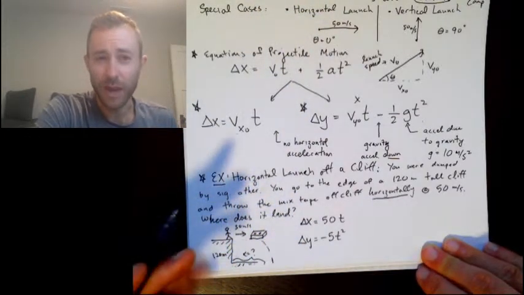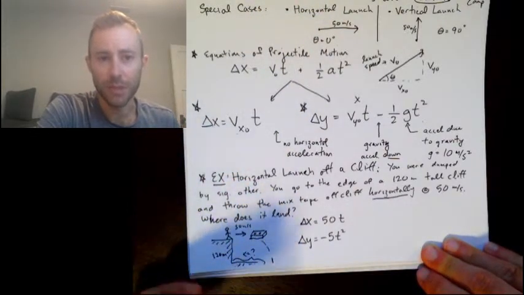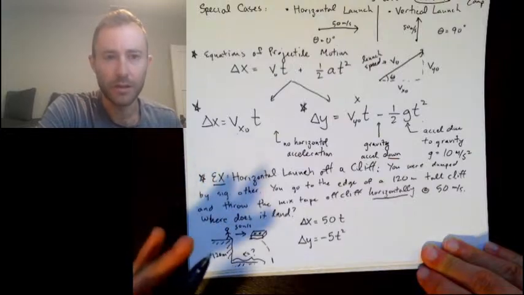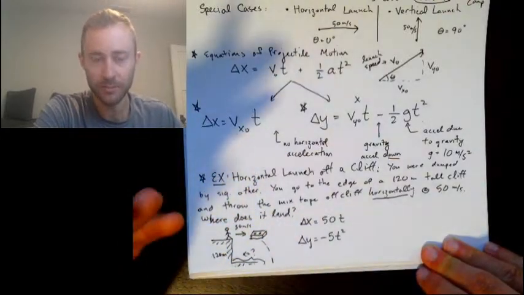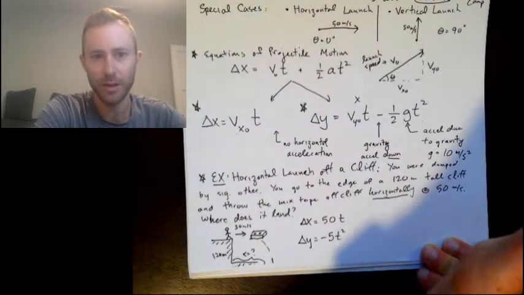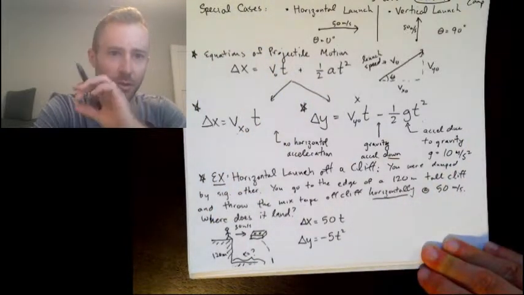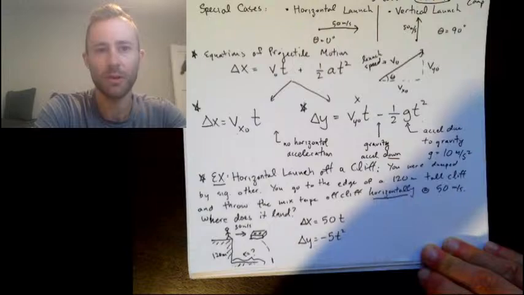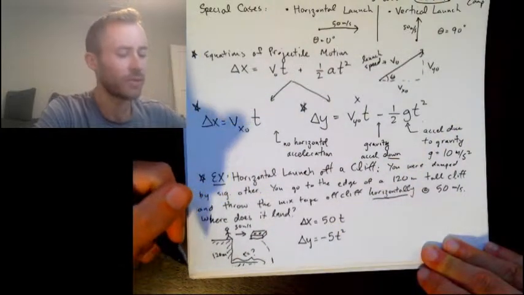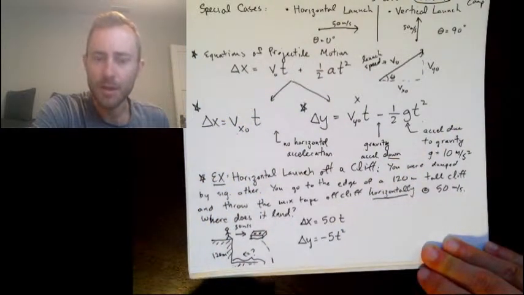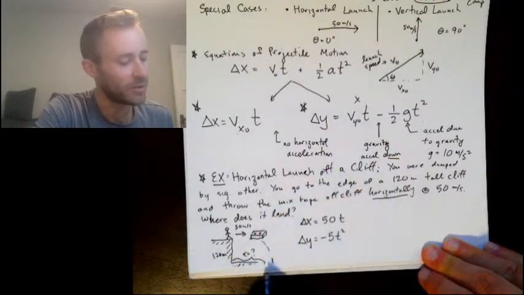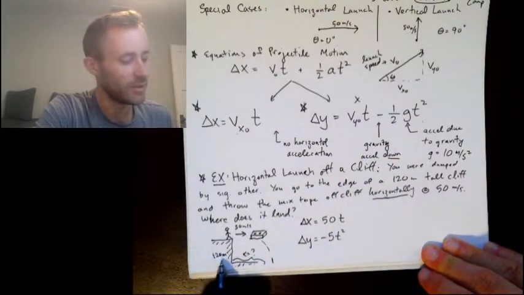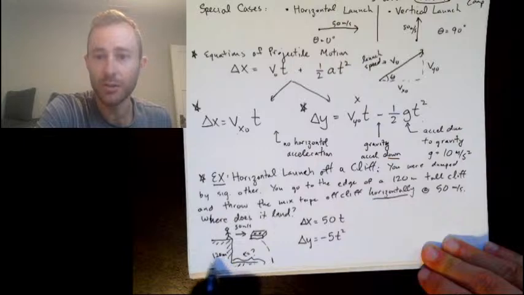Now, the strategy, generally speaking, in projectile motion problems is you figure out the time of flight. How much time is this projectile in the air for? And then, once you know the time of flight, you figure out how far it goes. Okay? So I have to figure out the time of flight. Now, the thing that determines when this hits the ground is the mixtape has fallen 120 meters.